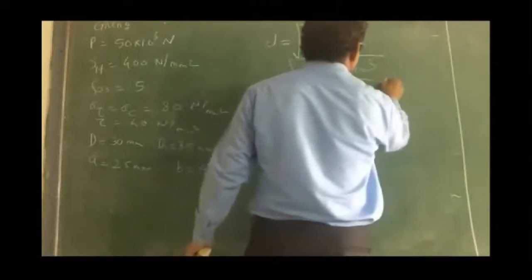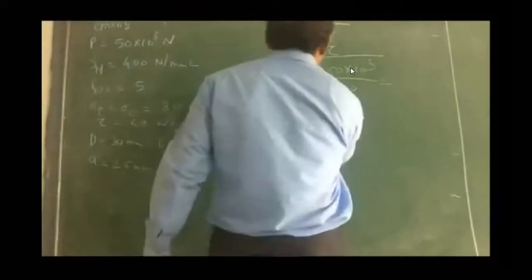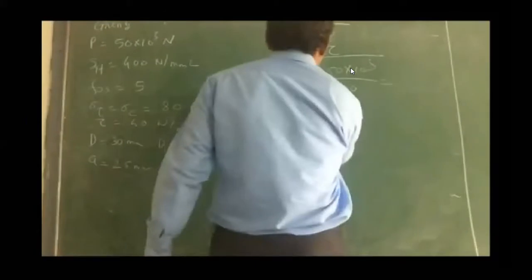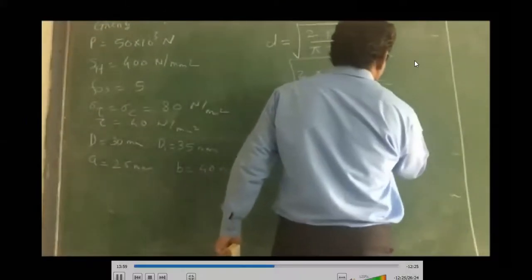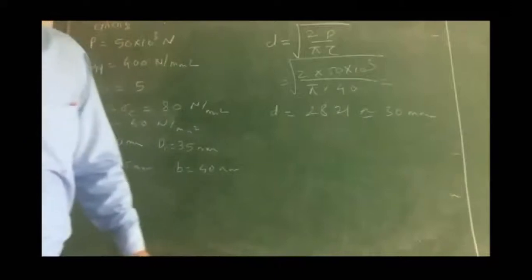So with this we will get the diameter. We solve this equation and we get a diameter of 28.21, or approximately 30 mm. So we got the diameter of the knuckle pin as 30 mm, right?